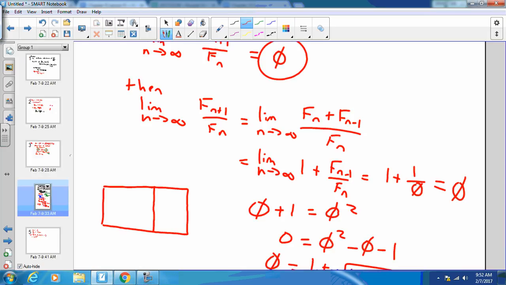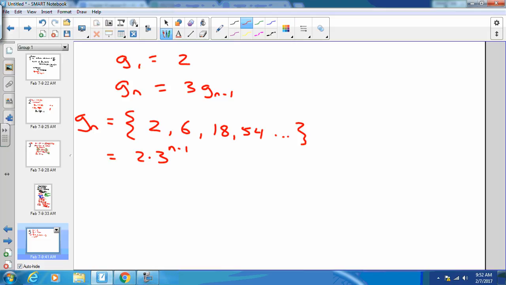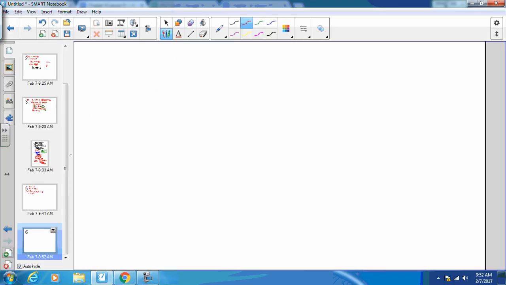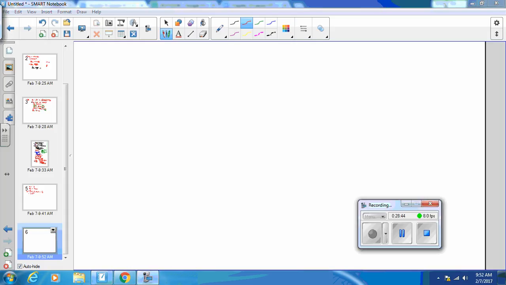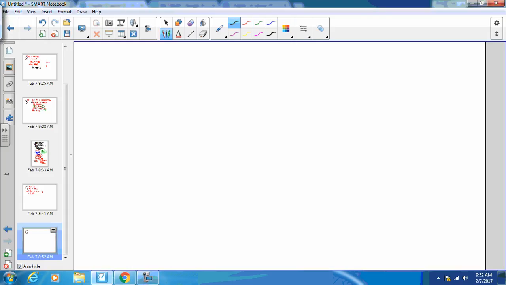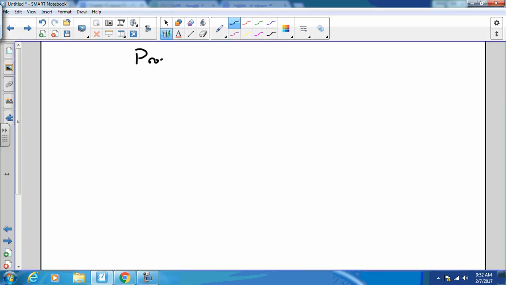Okay. Let us now consider the relationship between recursive forms and proof by induction. I want to remind you of how proof by induction goes.